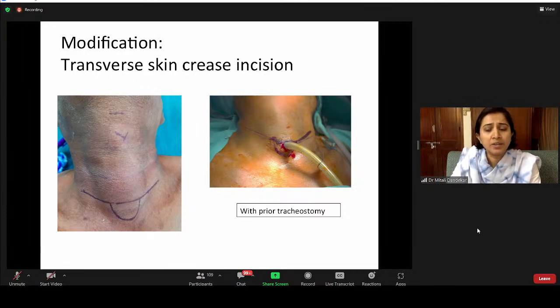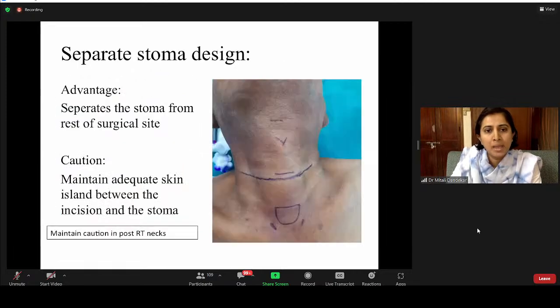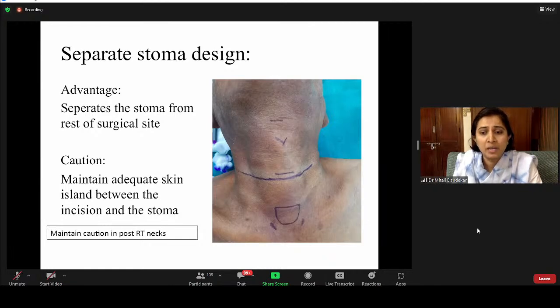When there is a prior tracheostomy, the tracheostomy site is circumscribed. A separate stoma is now the most feasible design performed for a total laryngectomy, where the stoma is separated from the surgical site. Should there be a leak, the stomal site or the airway would be isolated from the rest of the surgical site, and that is the main indication for it.